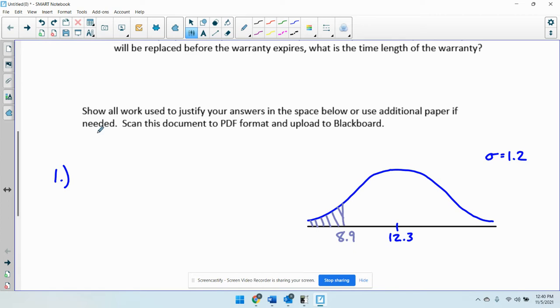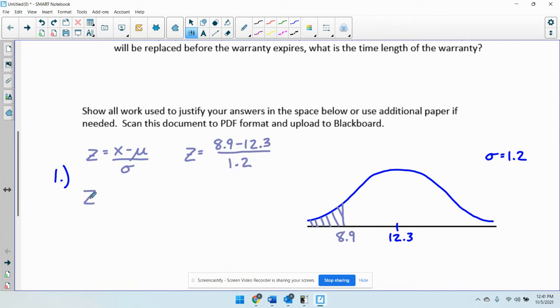So to do that, I'm going to use the z-score formula because the first thing I have to find is the z-score. Using this formula, I get z equals 8.9 minus 12.3 divided by 1.2.